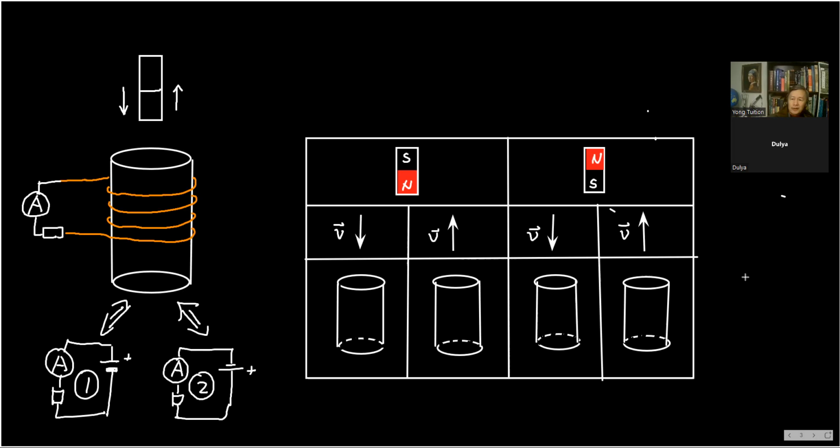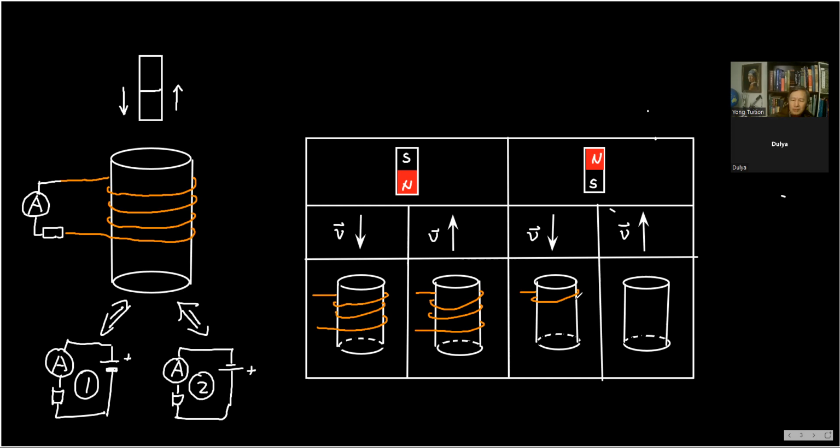So in the first scenario, this time I just drew very quickly. Just three, don't have to draw this in full. 1, 2, 3.